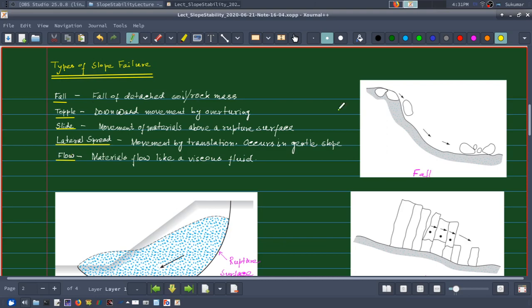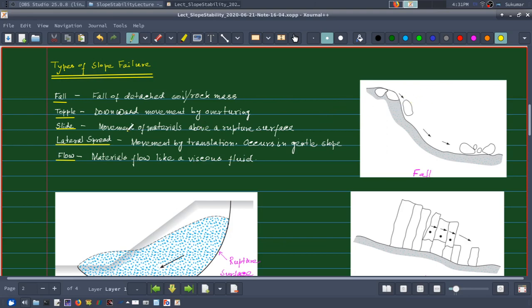Fall means the soil or rock mass detaches itself from the slope material and then falls under the action of gravity. Usually rock fall is common near hilly roads. Okay, so this is what is called fall.